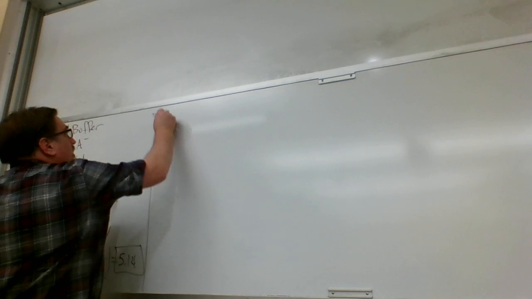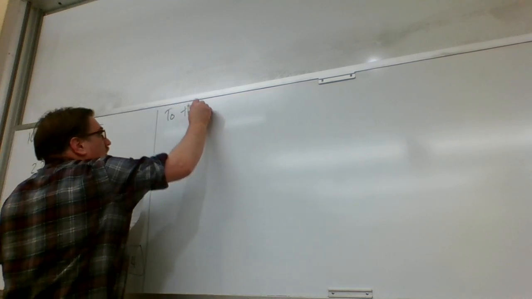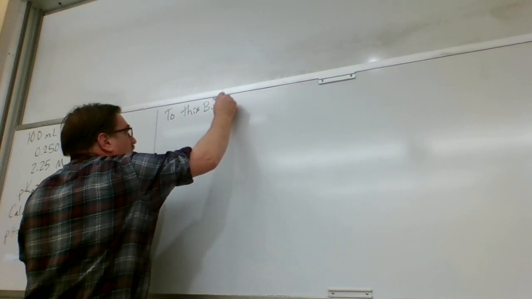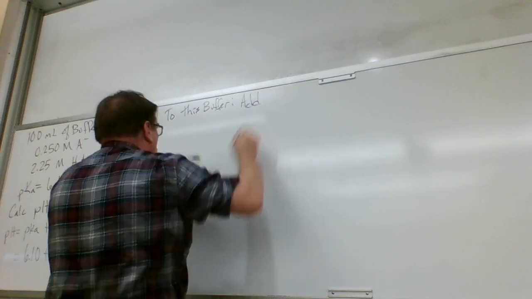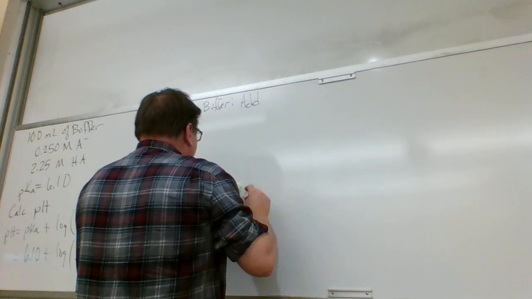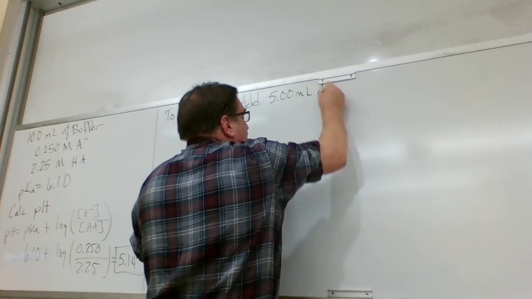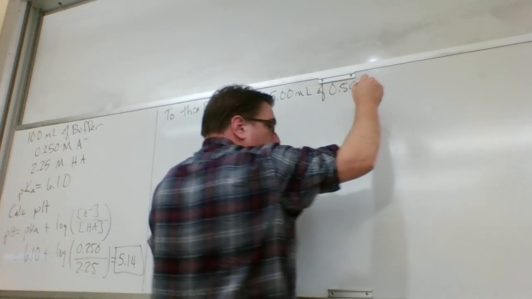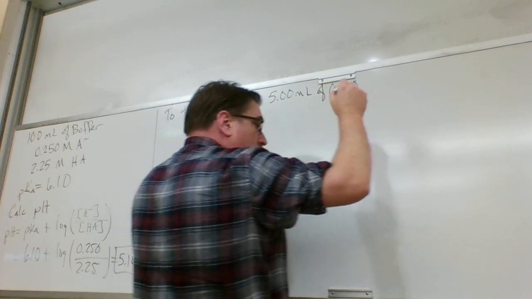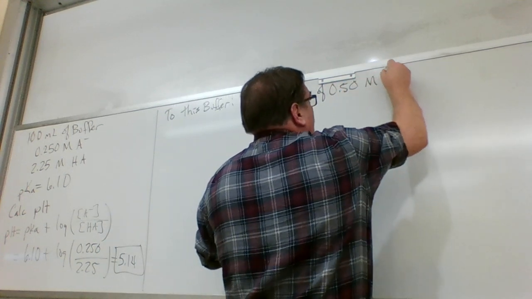So to this buffer, we're going to add 5 mL of 0.50 molar NaOH.